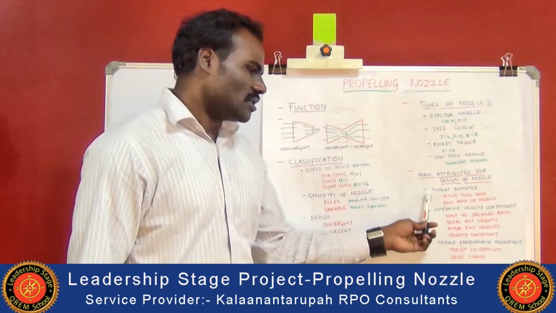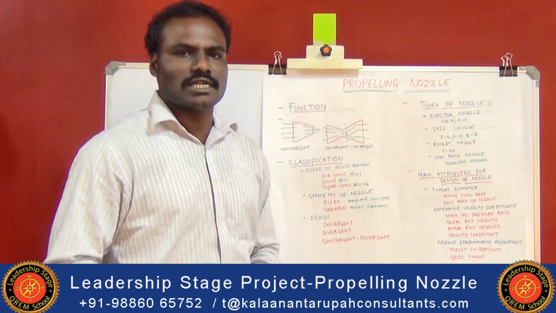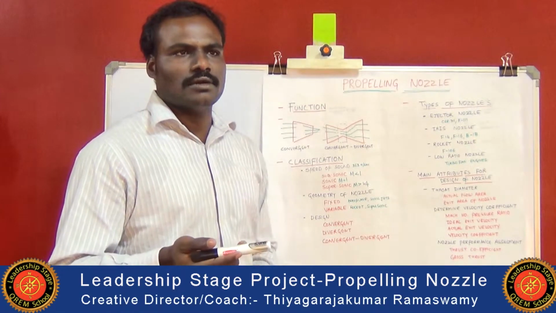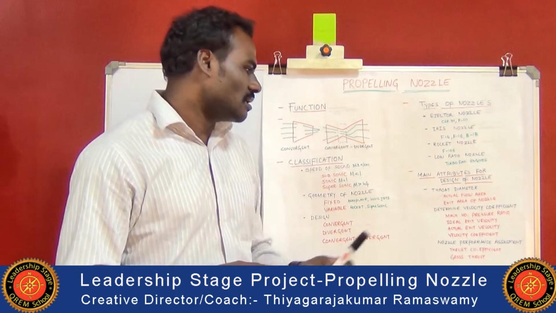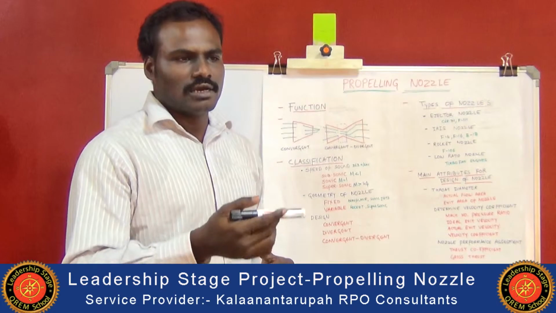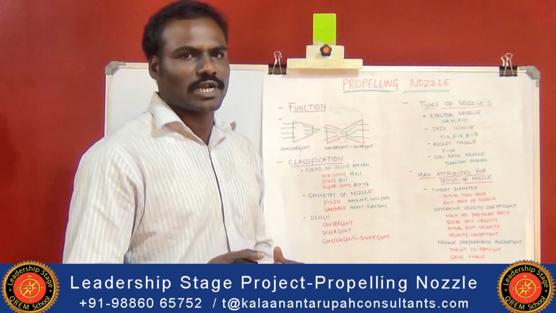Here, first, the throat diameter is calculated with respect to the coefficient of discharge, where the coefficient of discharge is the ratio of the actual value to the ideal mass flow rate.